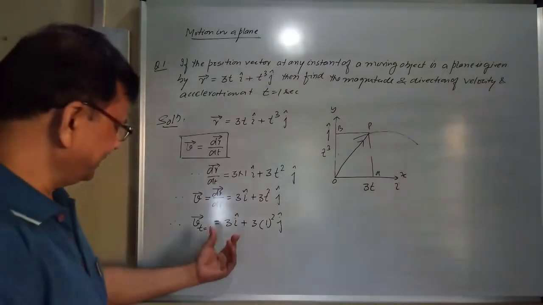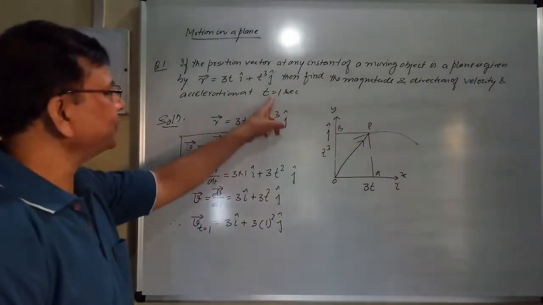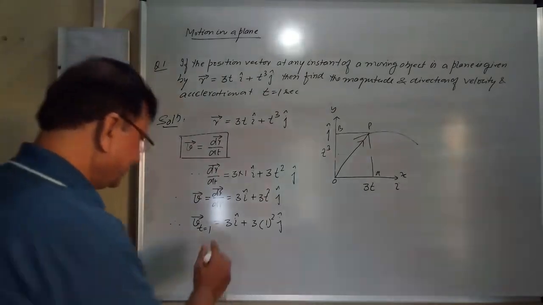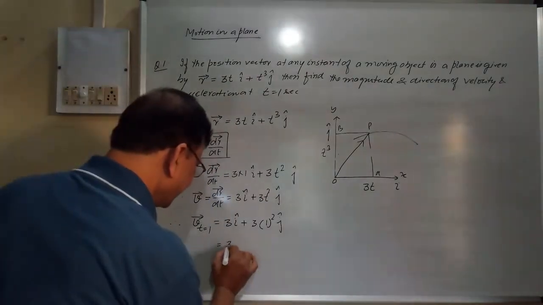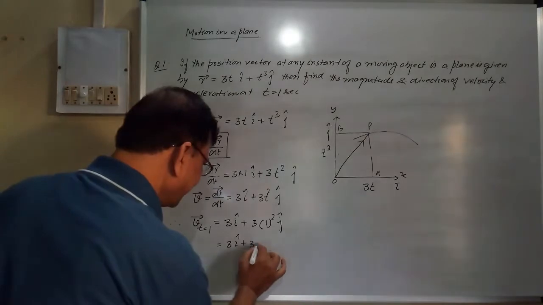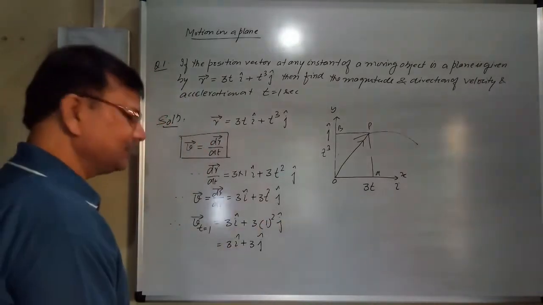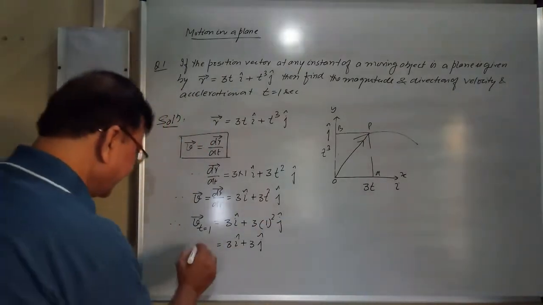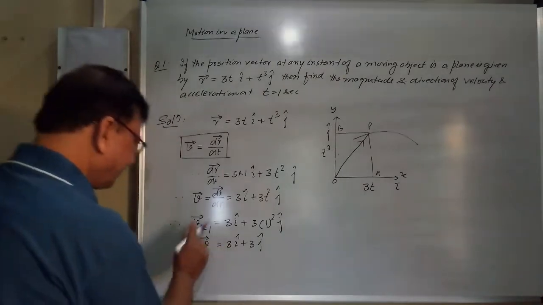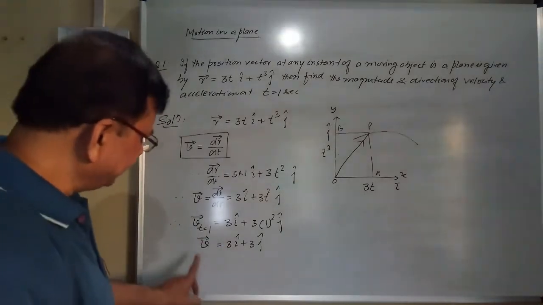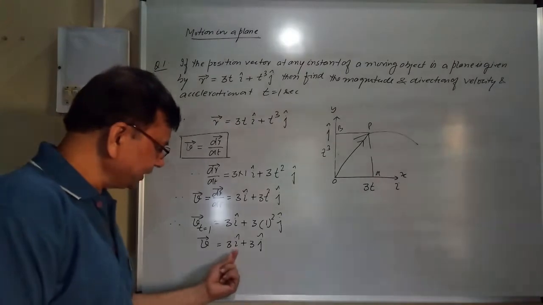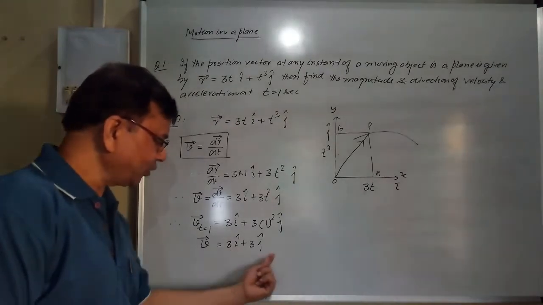Clear? In place of t, I have put 1 second. So this is equal to 3i plus 3j. 1 square is 1. That is v, of course, at t equal to 1 second. This is the vector along x-axis, along y-axis.